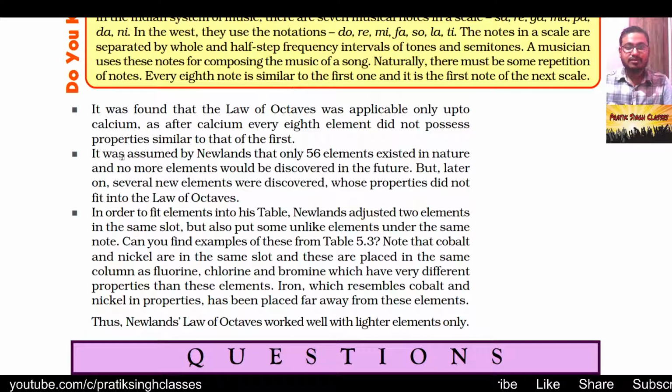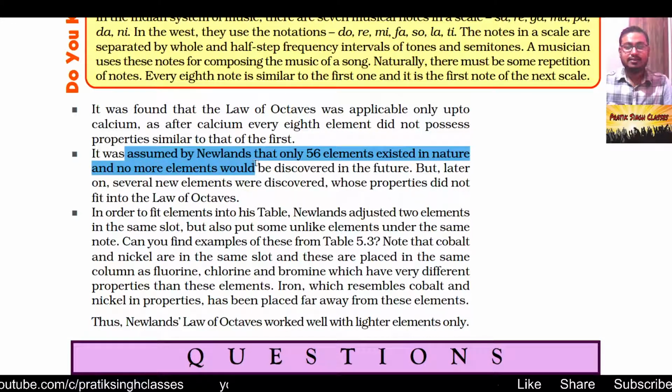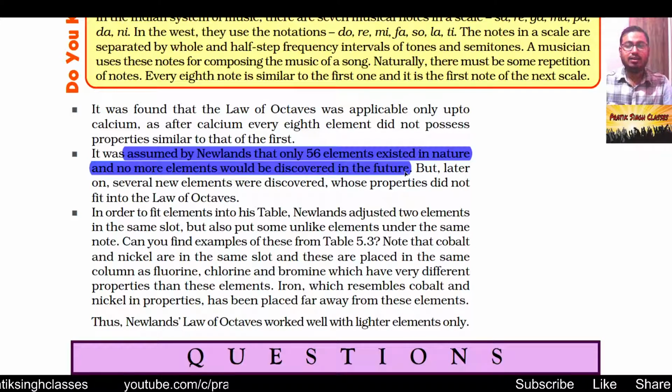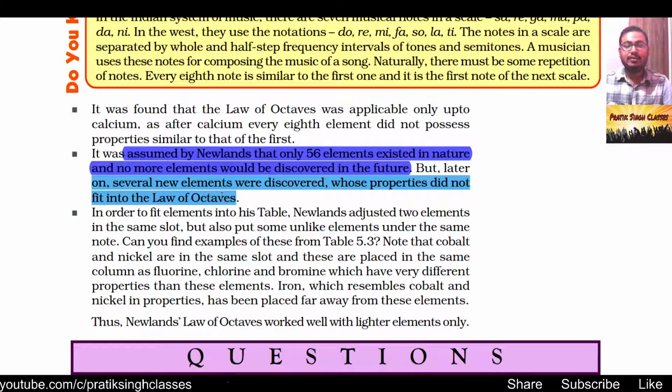It was assumed by Newlands that only 56 elements existed in nature and no more elements would be discovered in future. So Newland thought that only 56 elements were known and we could not have any other element in future. But later on several new elements were discovered whose properties did not fit into the law of octaves.